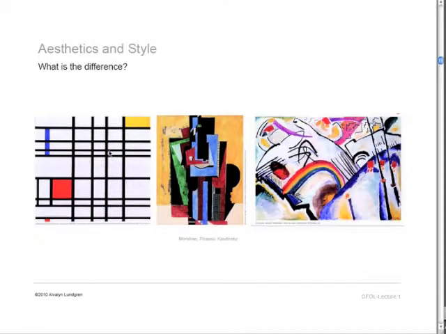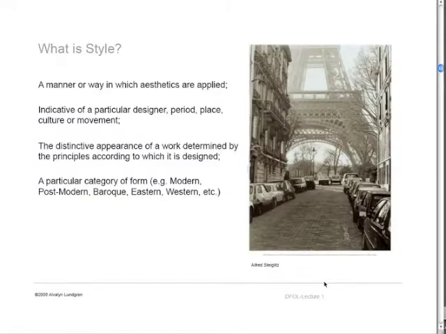So we have color and balance and value here, and we have color and balance and value, and we have color and balance and value. So there's commonality to each of these three pieces. And so each artist has created the work in their own style, but following aesthetics. So style is the manner in which we apply aesthetic principles.